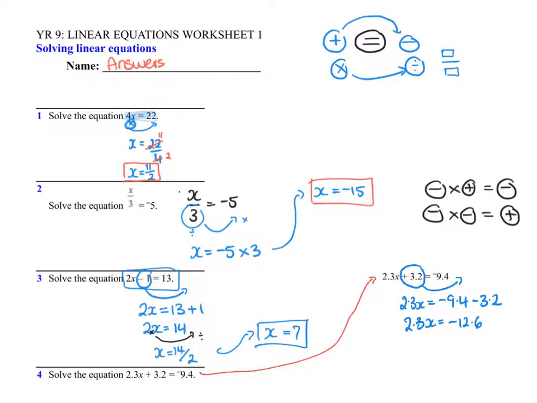And then remember, this is timesing here. So I'm going to move the 2.3 and I'll have negative 12.6 divided by 2.3. And you can do that bit on your calculator and we'll get a negative, say, I'm just going to round to one decimal place, 5.5. Okay, so remember too, the same as what I said before with multiplying, if you have a negative divided by a positive, it will equal a negative.